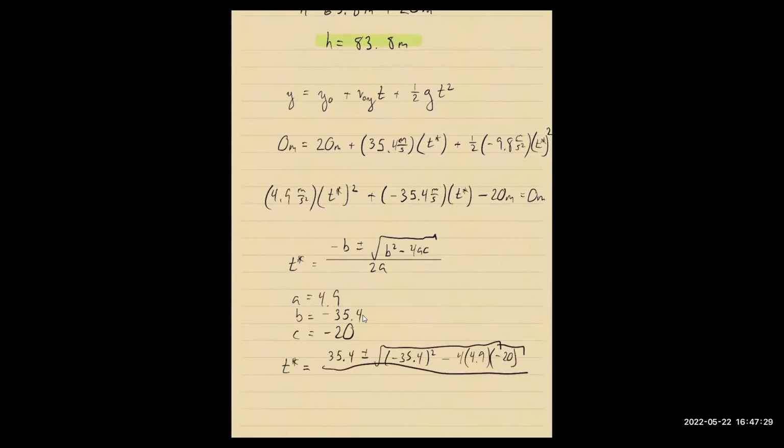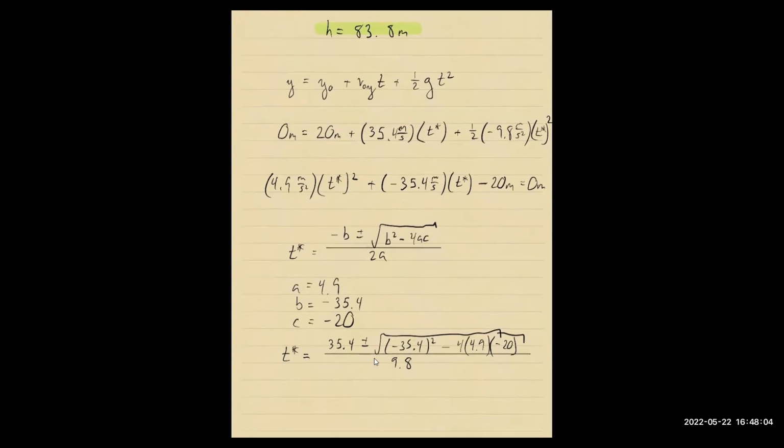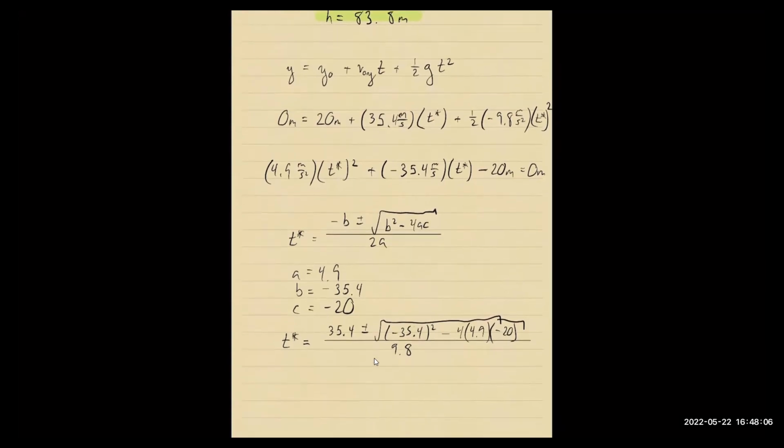That's all divided by 2 times a. So 2 times a is going to be 9.8. And if you punch all this in, you're going to want to make sure, again, to use the plus sign here, because the negative sign will give you a negative time, which we don't want. So if you use the plus sign, you get a time of flight, how long it takes for this thing to hit the ground, of about 7.6 seconds.